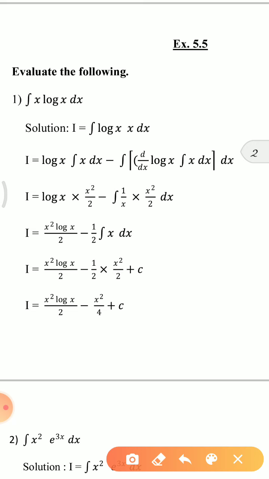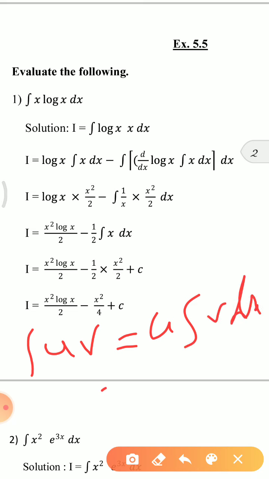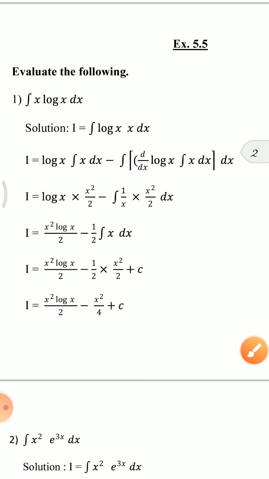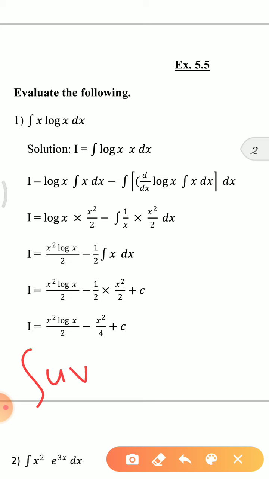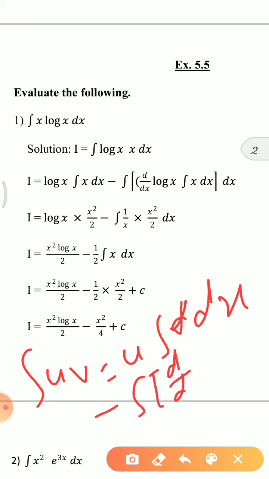We have to apply here the u v rule, that is, the integration of u into v is equal to u into integral v dx minus the whole integration, bracket, d by dx of u into integral v dx, bracket complete, dx.